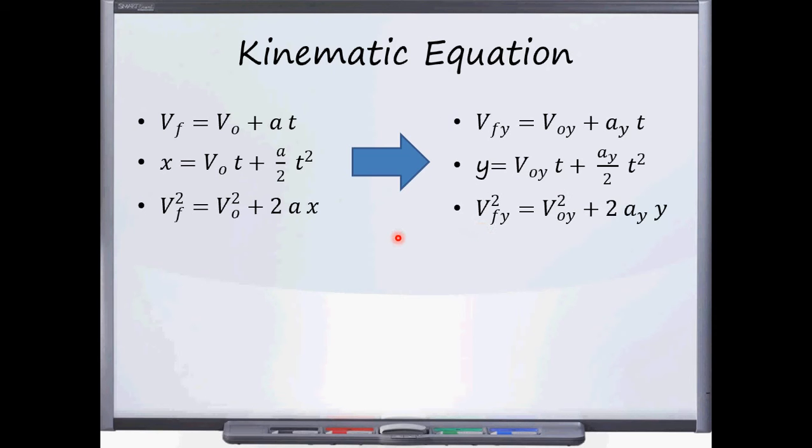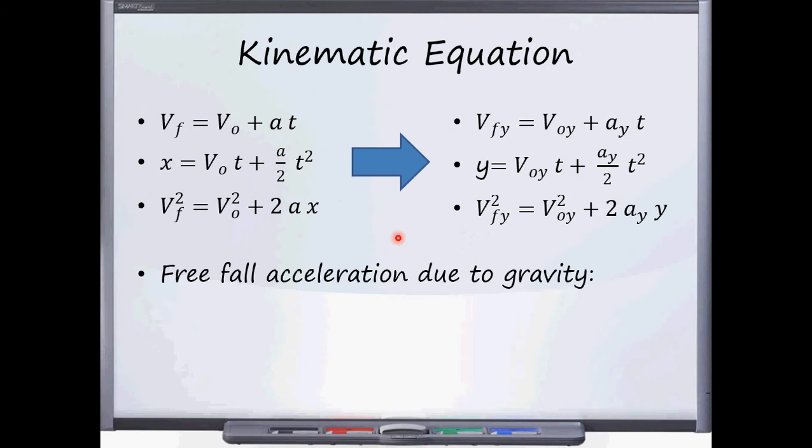This specific acceleration is the acceleration due to gravity. The acceleration due to gravity that we are going to be using is this one, minus 9.8 meters per square second, which some people also call gravity only.